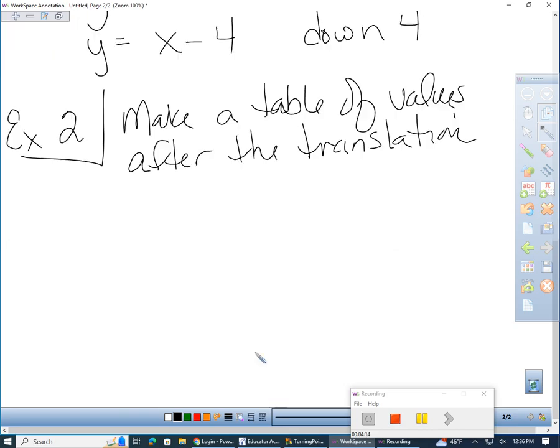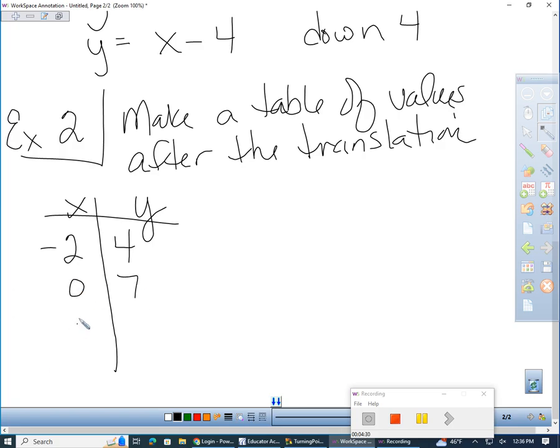So let's say I give you a table of values. Here's my x and my y. Let's say my table of values is negative 2, 4, 0, 7, 2, 9, and 3, 12. Okay, and I say I want to go up 3.